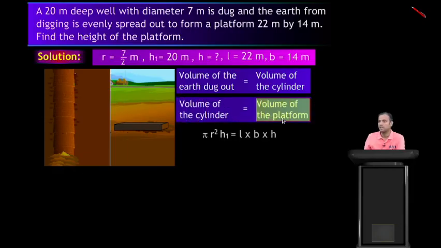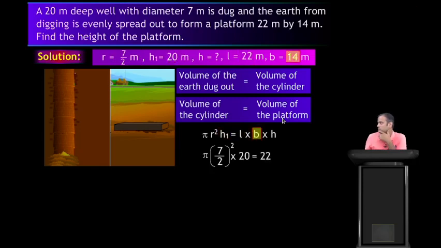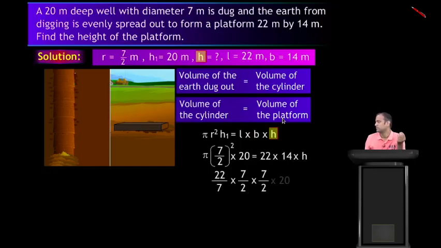So volume is L into B into H. Now put all the values and solve this one. h1 is 20 meter, then we have L 22 into 14, then into h. Put the value of pi, it is 22 by 7. So then we can find the height.